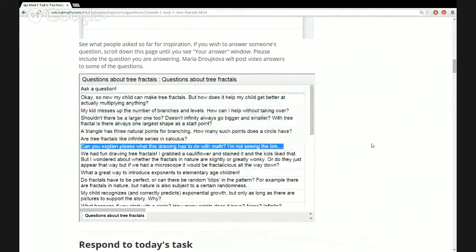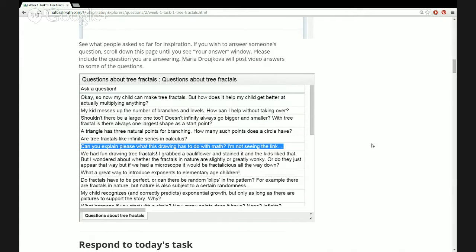Can you explain what this has to do with math? I'm not seeing the link, what the drawing has to do with math. So this brings me to the question of what mathematics is. What is mathematics? When do we do math or make math? So one of my favorite answers is that mathematics is all about patterns.